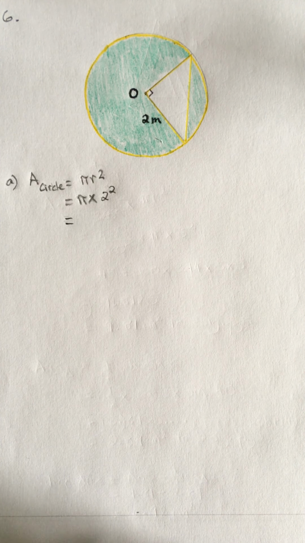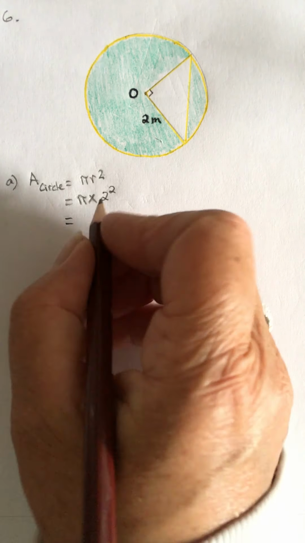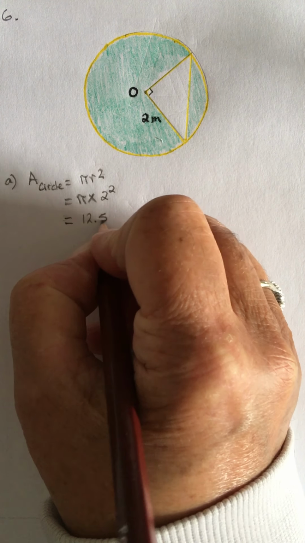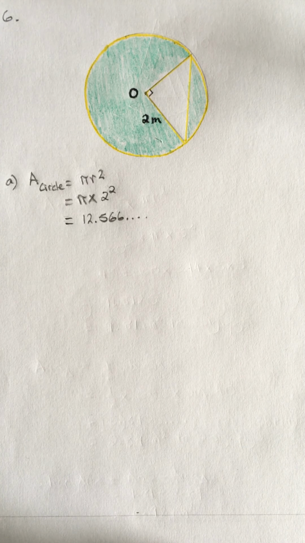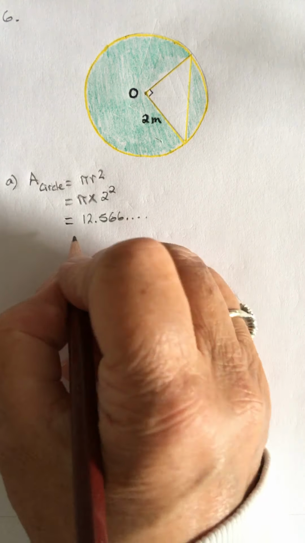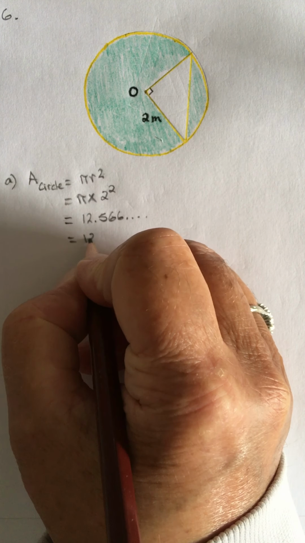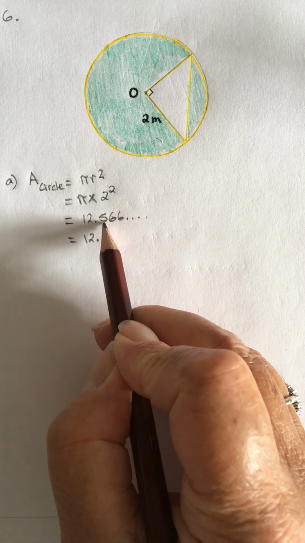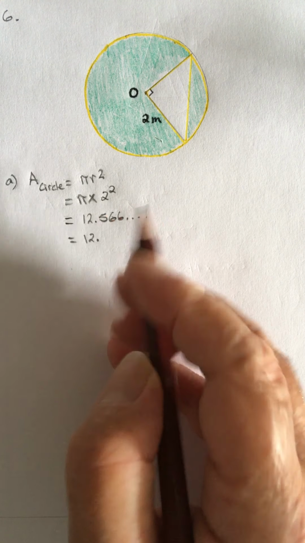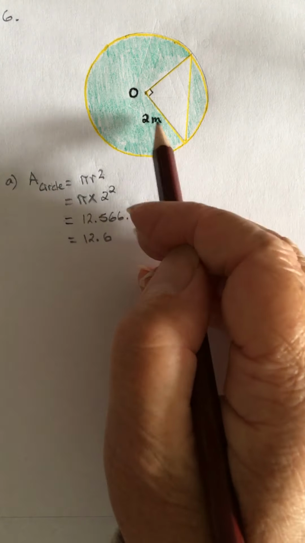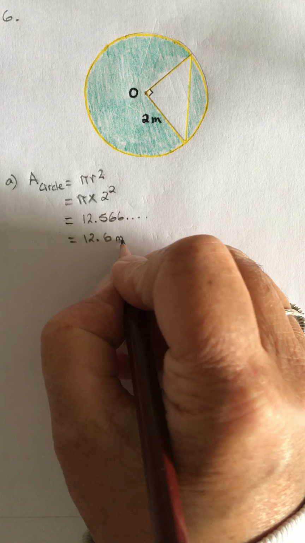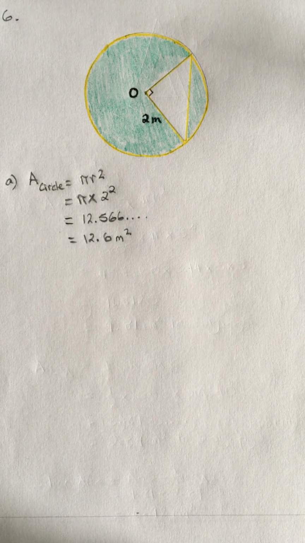The answer is 12.566, and it keeps going. All these questions you have to answer to 3 significant figures, so that will be 12.6, because the next digit is 6, it will round up. And this time the unit of measure is metres, so it will be square metres for area.